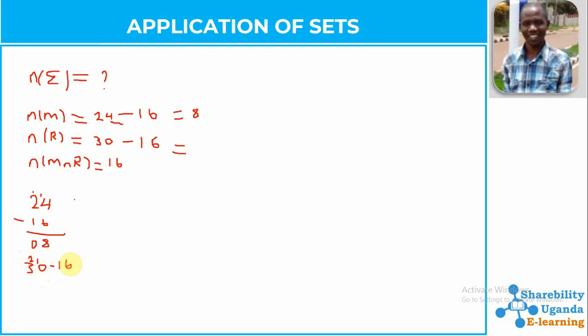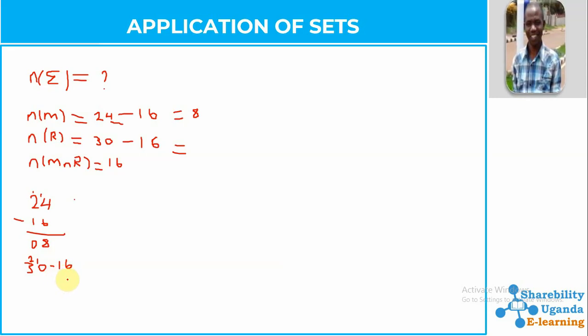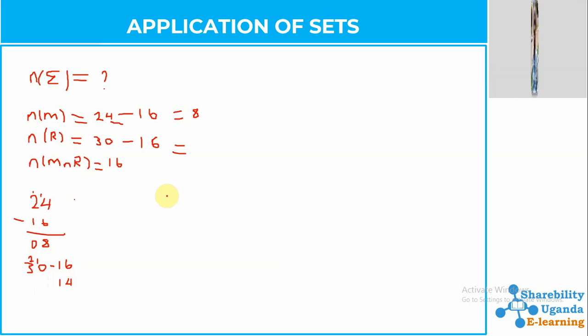Then 10 minus 6 gives us 4 here, and 2 minus 1 gives 1. So 30 minus 16 gives us 14.